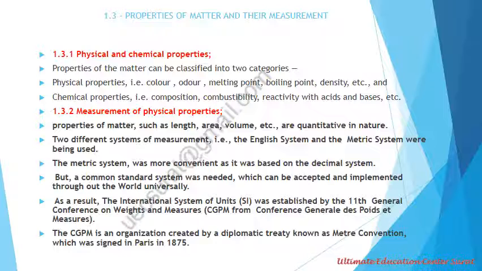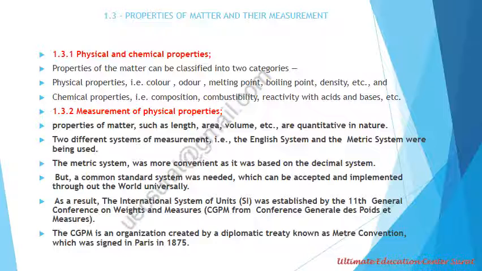Measurement of physical properties: how can we measure the physical properties of matter? Properties of matter such as length, area, volume, etc. are quantitative in nature. There were two different systems followed earlier. The first one was the English system, and the metric system was also used.